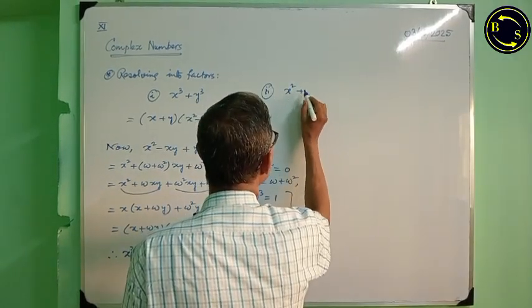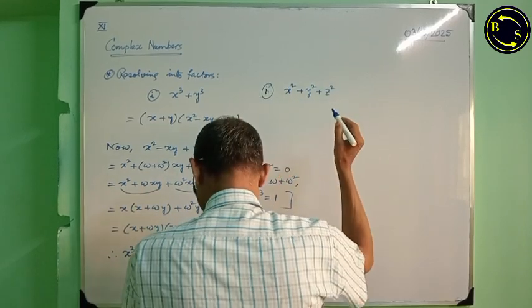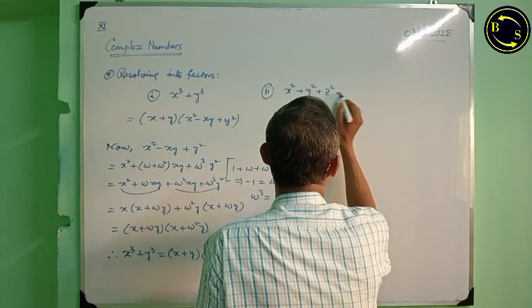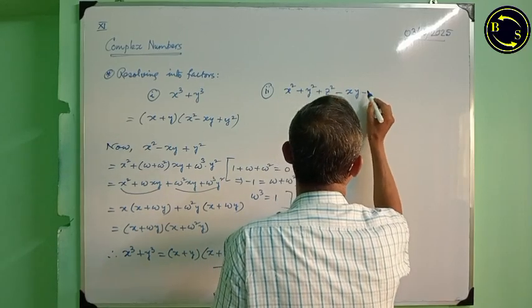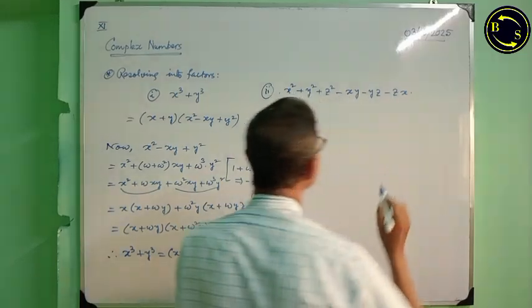x square plus y square plus z square minus xy minus yz minus zx.